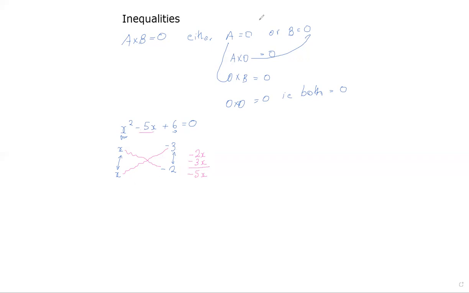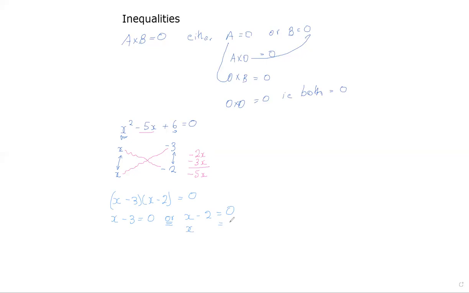Therefore, you can say that x minus 3 into x minus 2 is equal to 0. That is, x minus 3 is equal to 0, or x minus 2 is equal to 0.